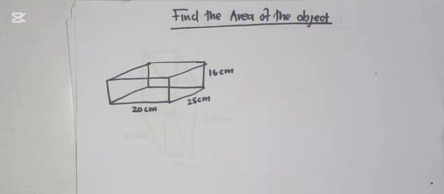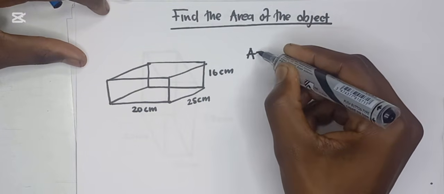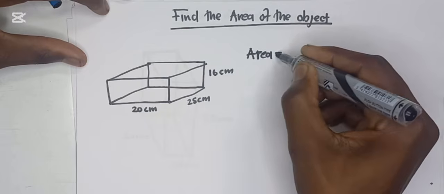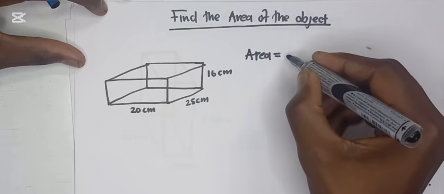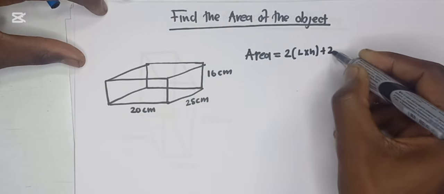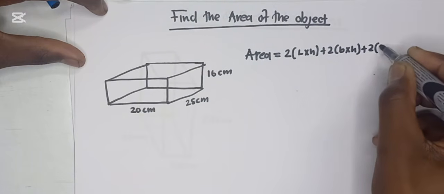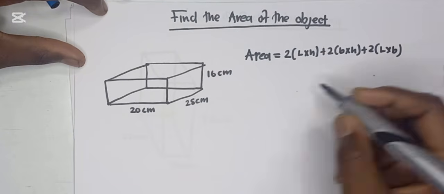Let me also give you a technique that I want you to understand, but first, let us do it by the formula that we just formed. The area of this is going to be equal to 2 length multiplied by height, plus 2 breadth multiplied by h, plus 2 length multiplied by breadth.